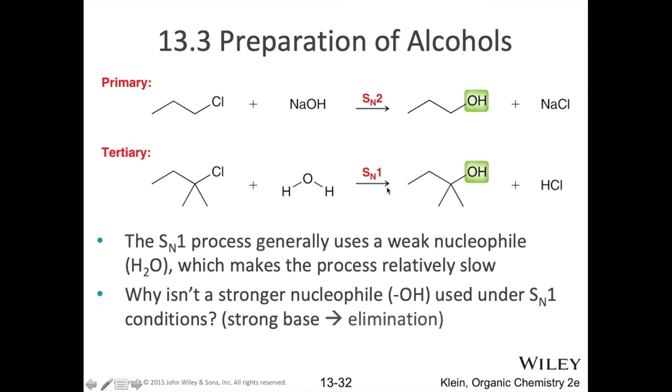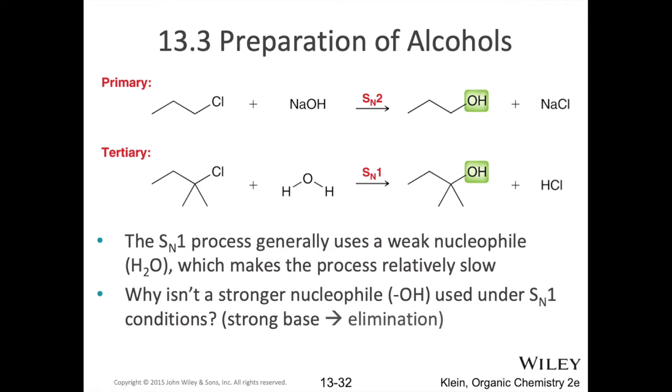Okay, so now, could you use a strong nucleophile here as well? You could, but the thing you've got to watch out for with strong nucleophiles is that oftentimes they're also bases. And in the case of hydroxide, that is totally the case. Sodium hydroxide, as we know, is a strong base. And the problem with strong bases, especially with a tertiary substrate like this, is that we could also undergo an elimination reaction.